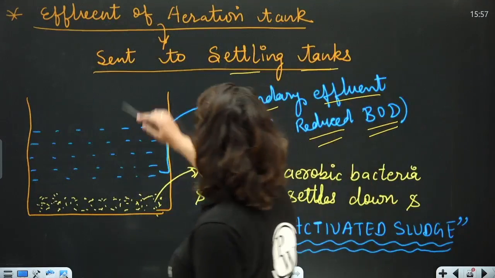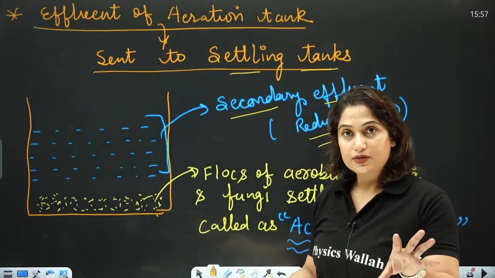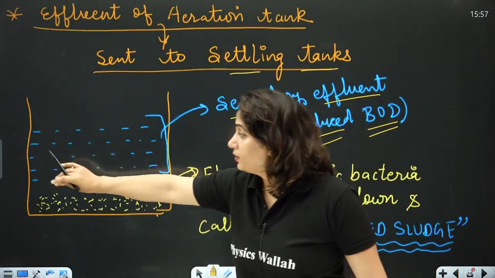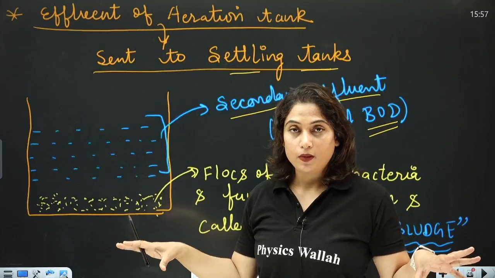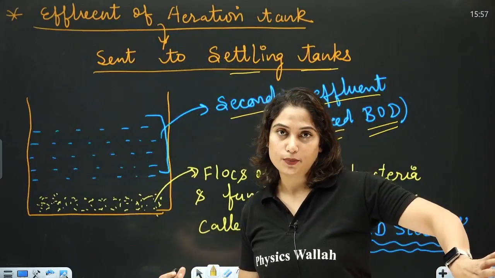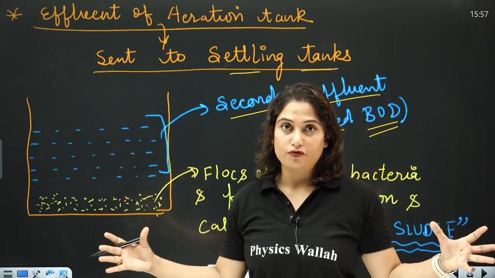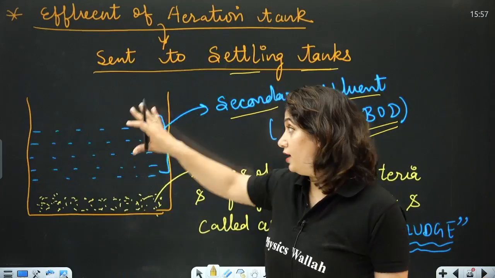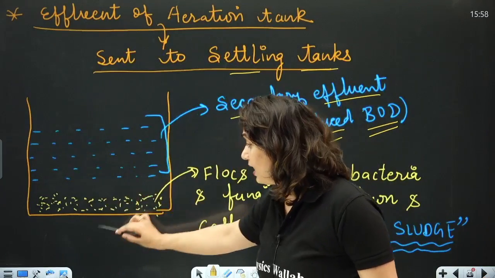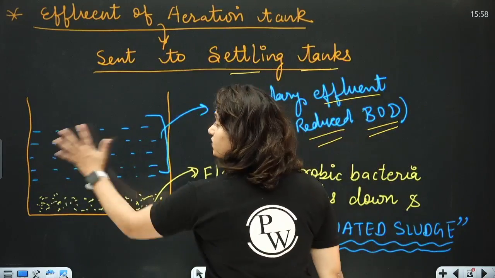Now, effluent of aeration tank. See, what happens is that the bacteria works rigorously to remove the organic impurities from the water. And then later on, when there is a large amount of bacteria present in the aeration tank, the bacteria and the fungal filaments settle at the bottom. And this is the water.